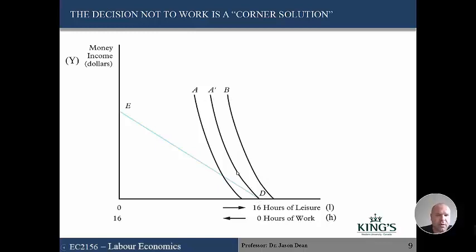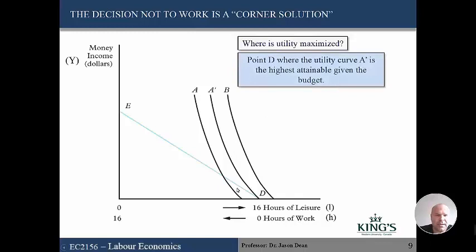If you remember from before, steep indifference curves represent individuals who enjoy leisure. And so clearly, if we were thinking of what indifference curve here maximizes the utility for the individual subject to the budget constraint, well, that is going to be point D.